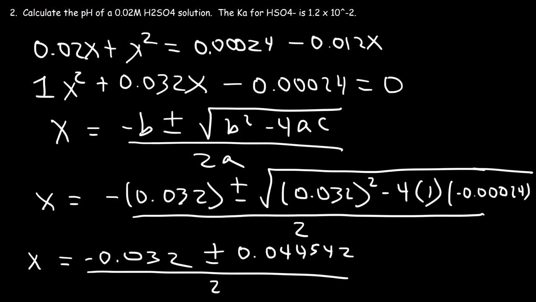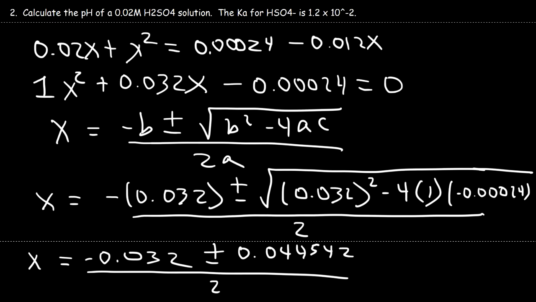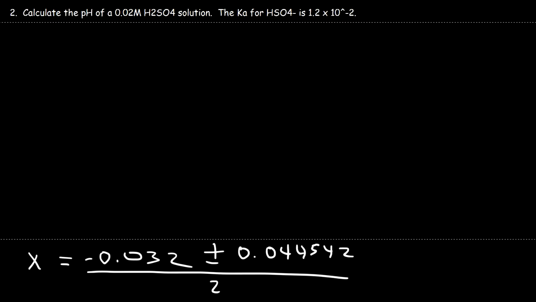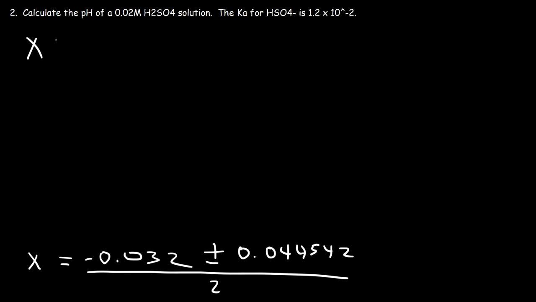So we're going to have to use the positive sign. So it's going to be negative 0.032 plus 0.044542, and then take that result divided by 2. So x is 0.006271.